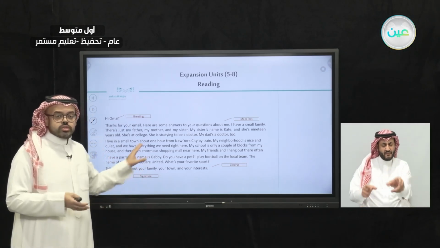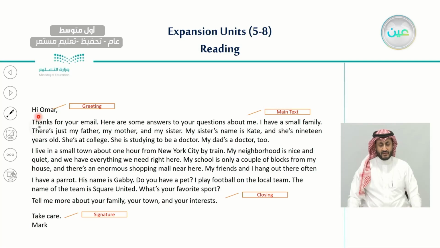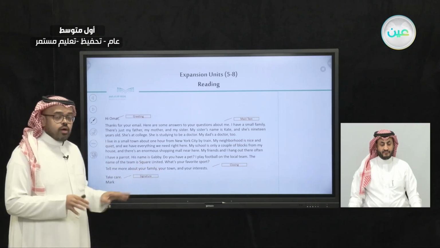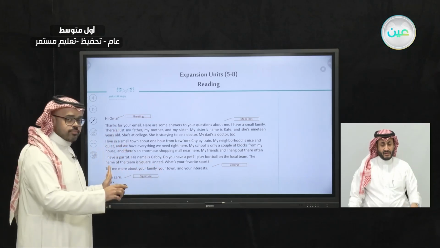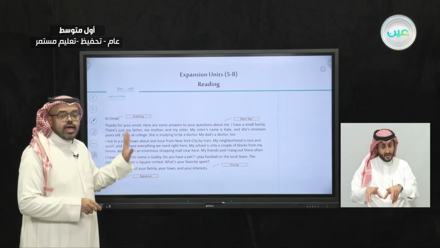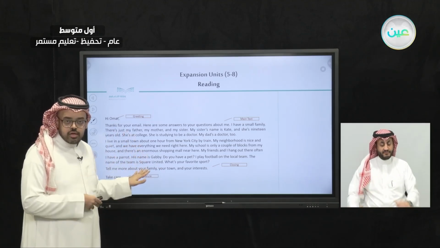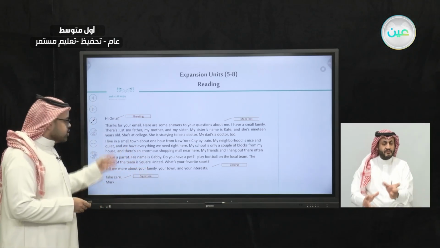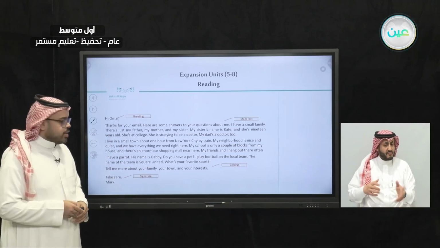So we start from here: thanks for your email. Here you go, we have the word email. That means this is an electronic mail sent by email to his friend. So it is an email. Later we're going to learn what exactly Mark has written to Omar.